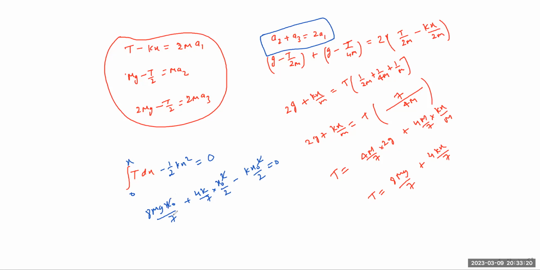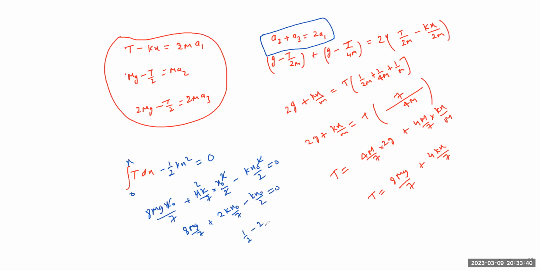That's 8 mg by 7, and 2 by 7 k x naught minus k x naught by 2, right?